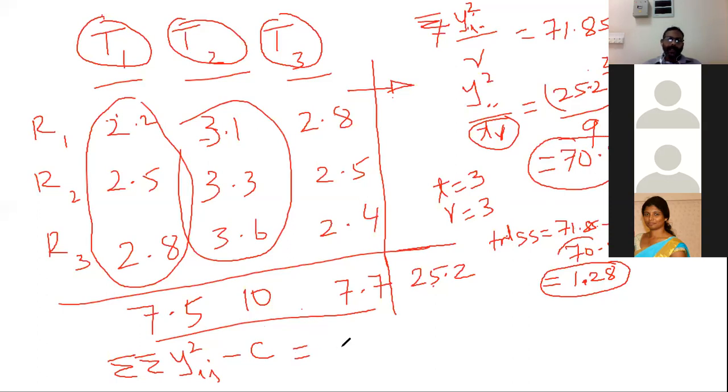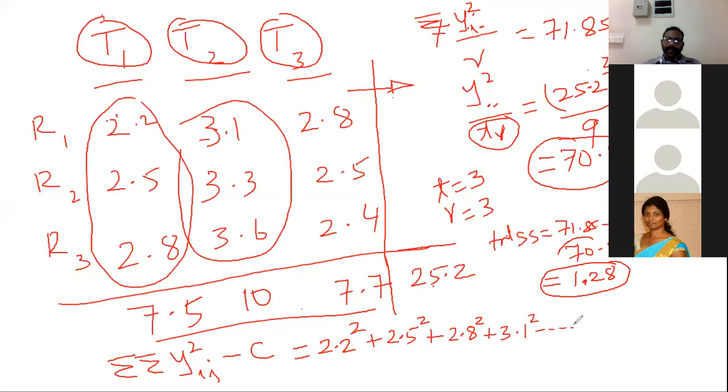So this is actually something like this. First observation 2.2 square plus second observation 2.5 square plus third observation 2.8 square plus fourth observation 3.1 square.